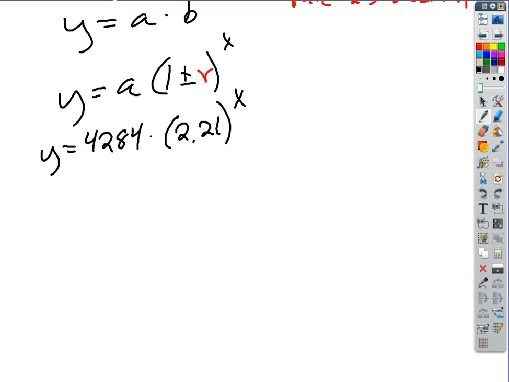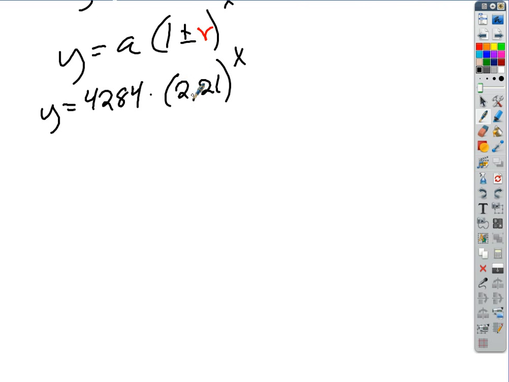But how would we find the rate of growth, R? Well, that means that what used to be B, I have to write this way, right? So we're going to set B equal to 1 plus R. And if R is positive, it's growth. If R is negative, it's decay, right? So in this case, B is 2.21.